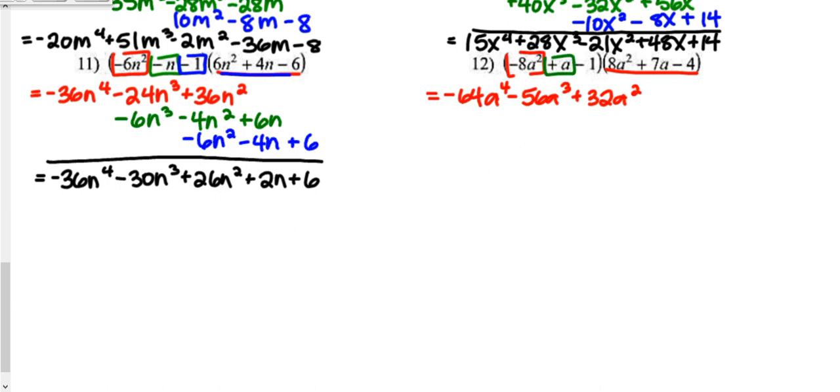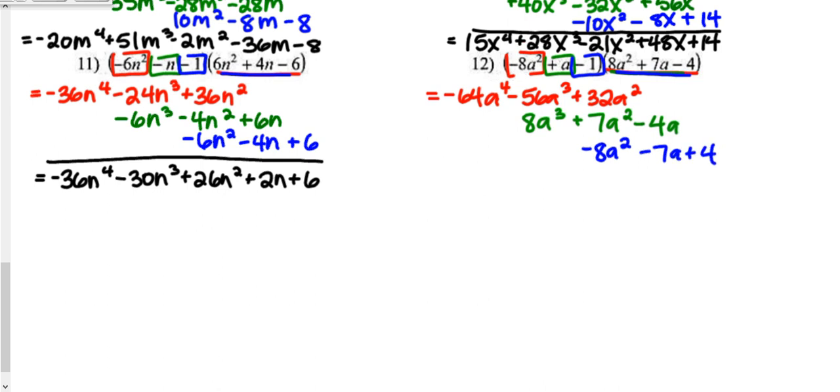Now we have an a that we're going to distribute, so that would be 8a cubed plus 7a squared minus 4a. And now we have a negative 1 to distribute, so that would be negative 8a squared minus 7a plus 4.